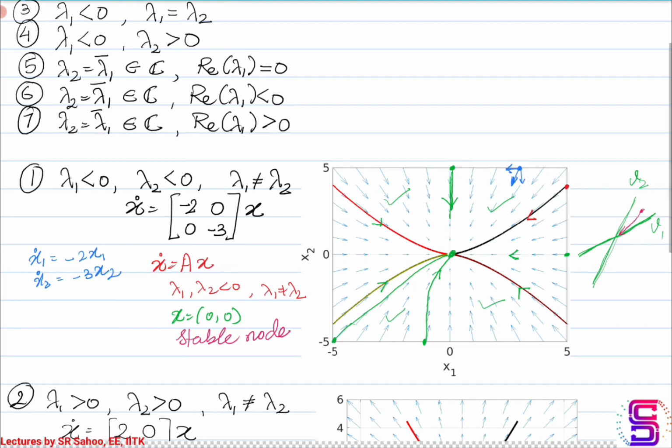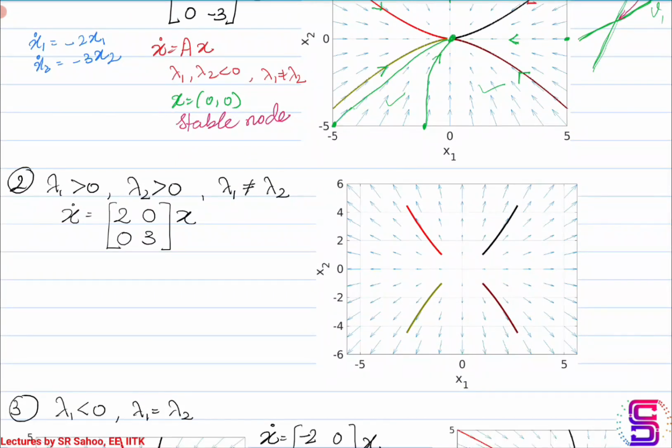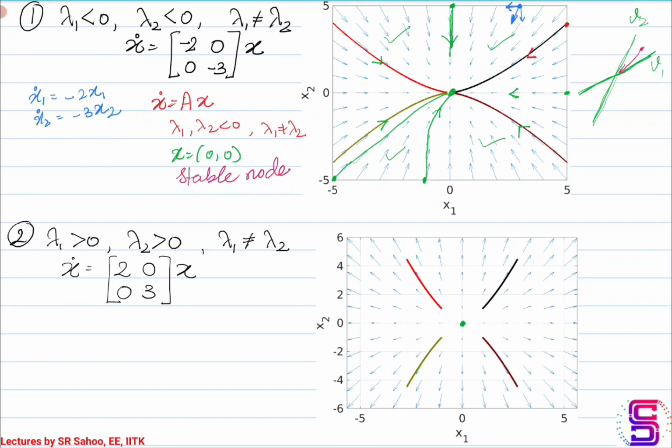Okay, so now moving on to the next case, when all eigenvalues are positive and distinct, again (0, 0) is the equilibrium point. But now notice the difference. When the eigenvalues were negative, the arrows were pointing towards the origin so that the trajectory evolves towards the origin.